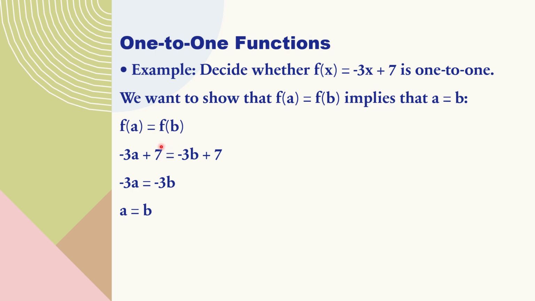We will cancel out this 7 from both sides, and we will have minus 3a is equal to minus 3b, and then we get a is equal to b. Therefore f is a one-to-one function. So when f of a is equal to f of b, we have got a is equal to b. That's why the function f is a one-to-one function.